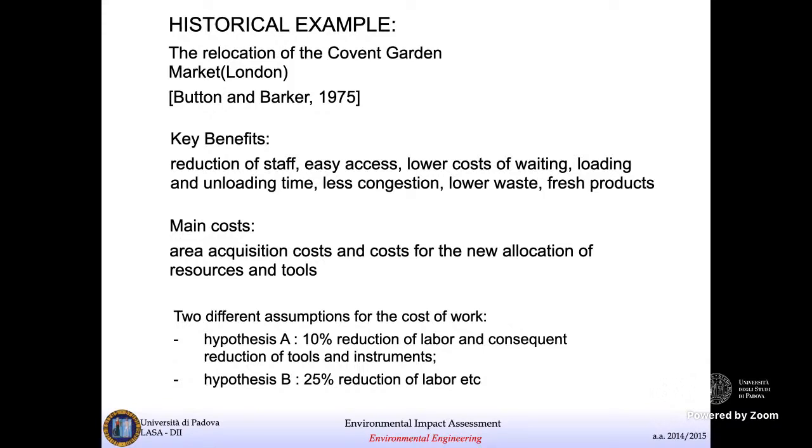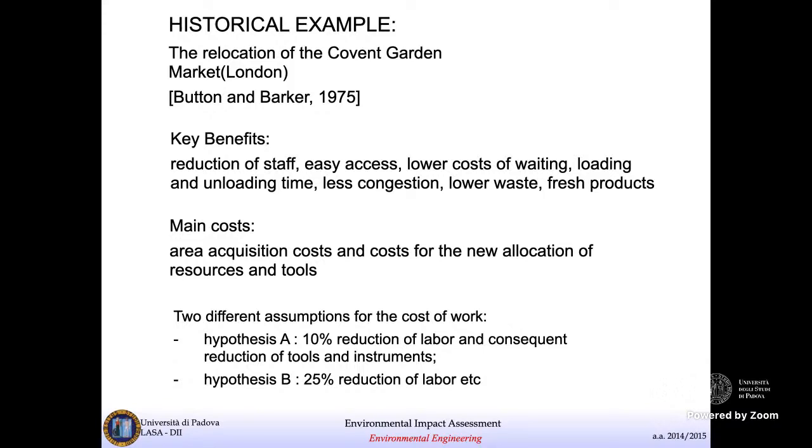So in the mid-70s they posed this question: shall we relocate this historical market, the Covent Garden market in London? They made two different assumptions for the cost of labor in particular, which was one of the main variables in the evaluation of costs.